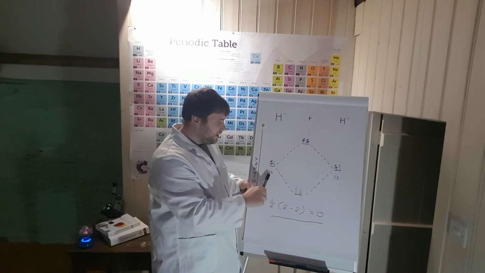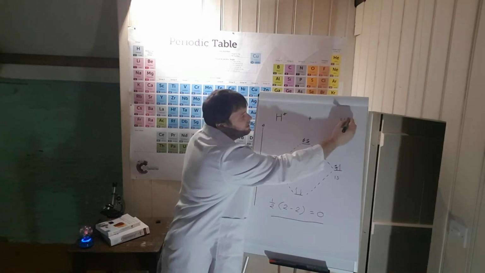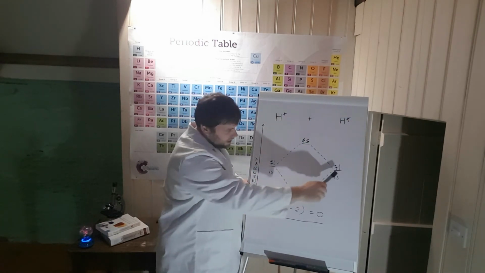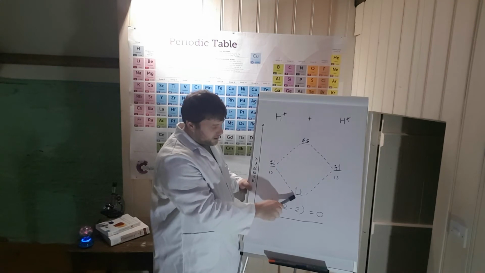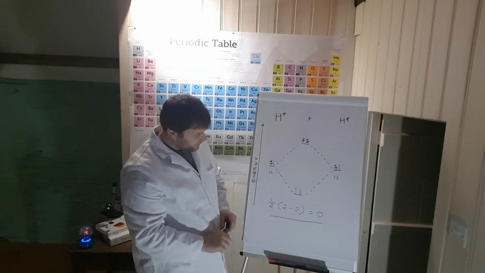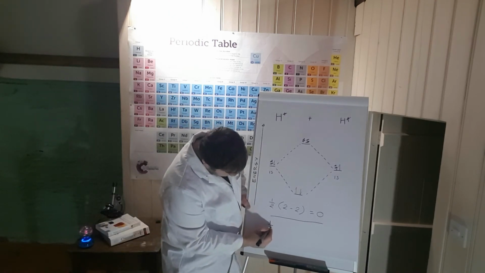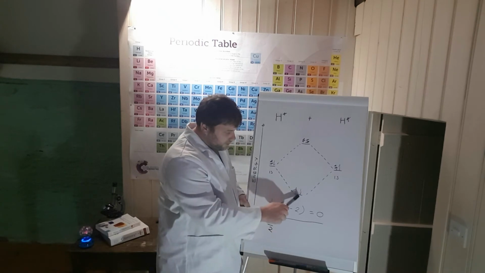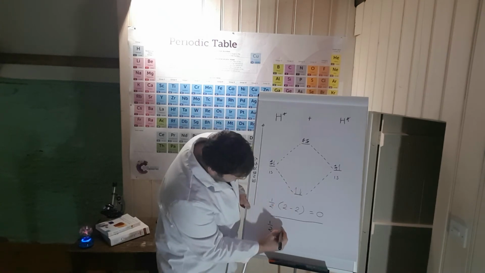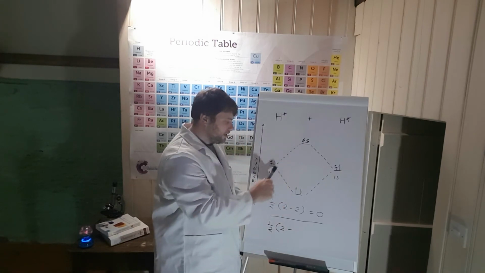Now, each hydrogen has put in a single electron, which has filled the lower energy sigma bond, and this is possible. So let's do the bond order for this. So half of the bonding electrons minus the antibonding electrons.